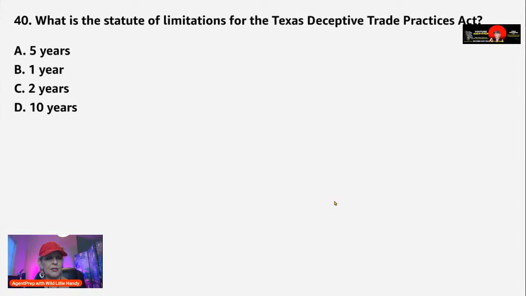Or D, 10 years. And I mentioned in the last session that a lot of times these answers that have a number of years are a positive number, not a negative one. Is that intentional? They want to keep things positive. So it is not A.